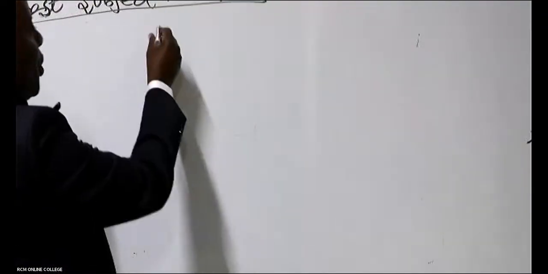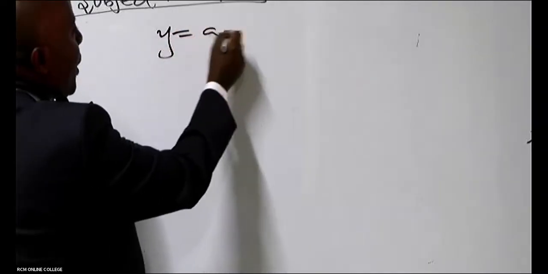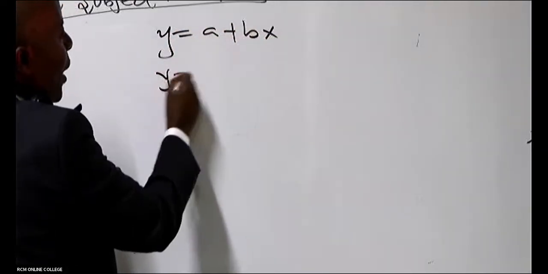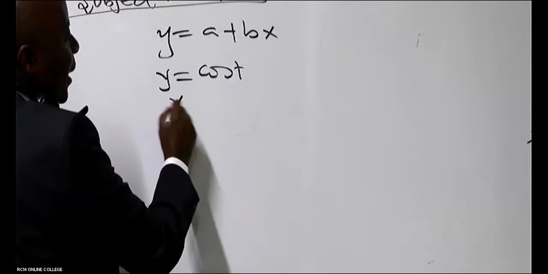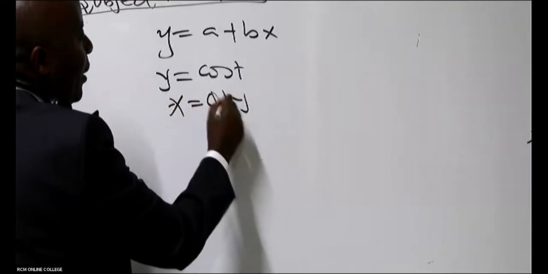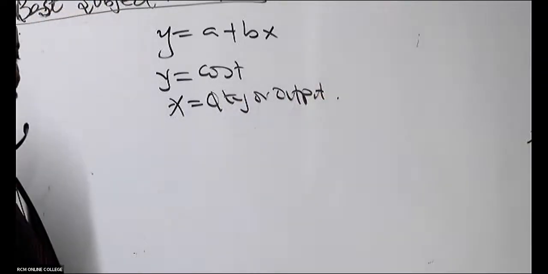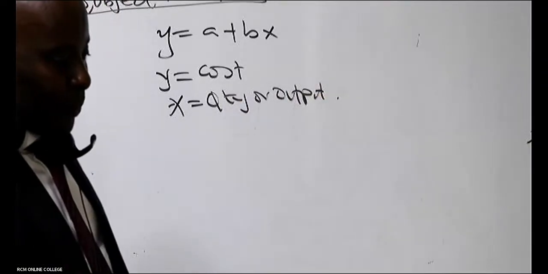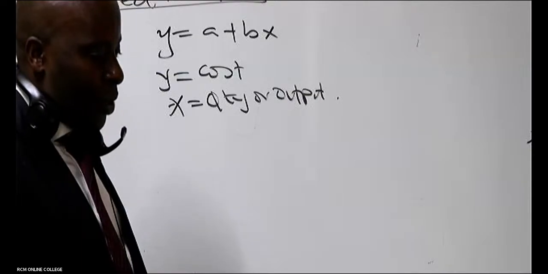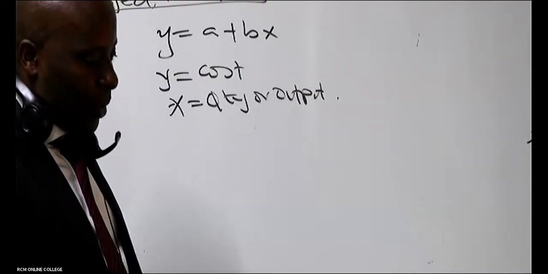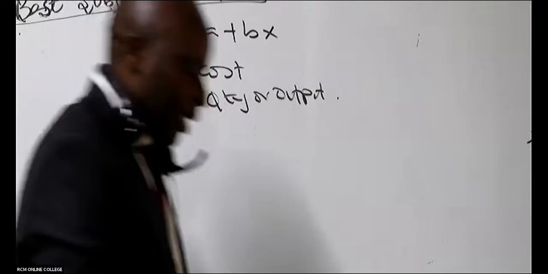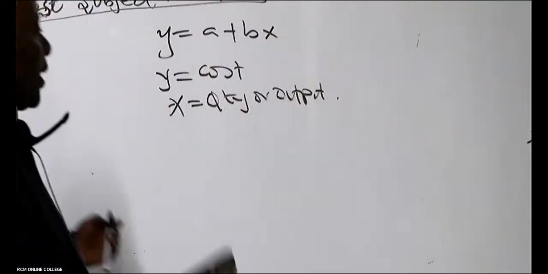Remember, in these equations, when we talk of Y equals A plus BX, this Y is normally cost, and X is what here? Quantity or output. I hope I've answered your question as well, Joanne. So X is the quantity or the output. Great, cheers. I hope everybody has been able to write this.